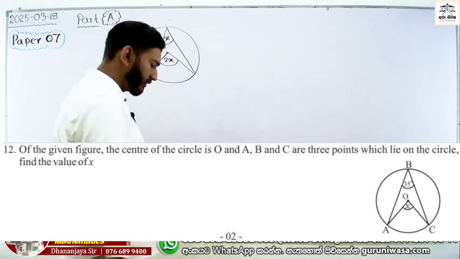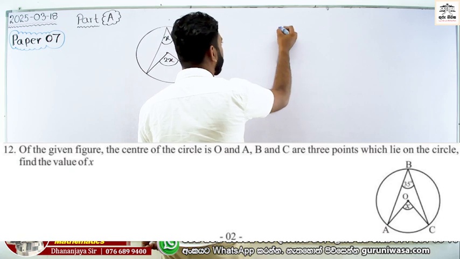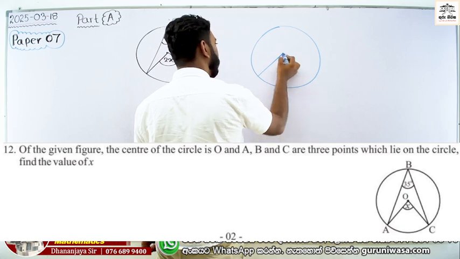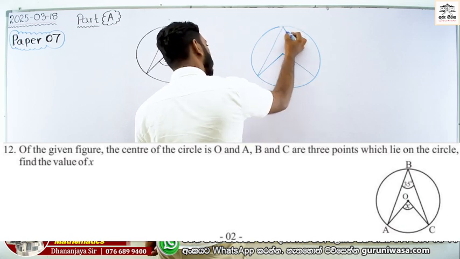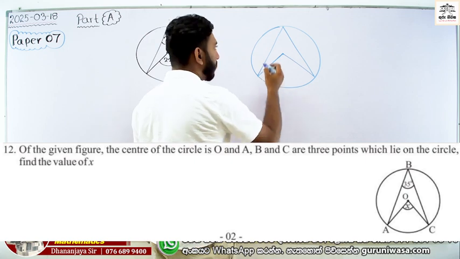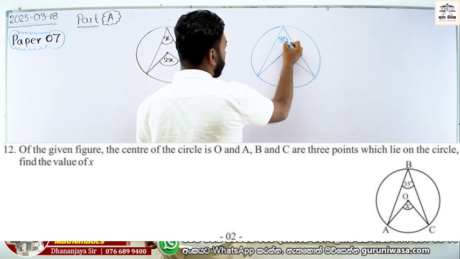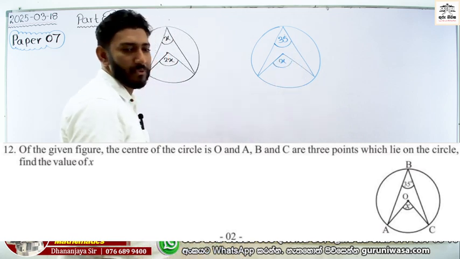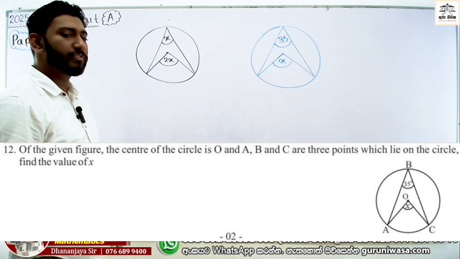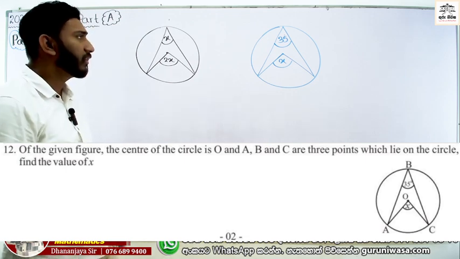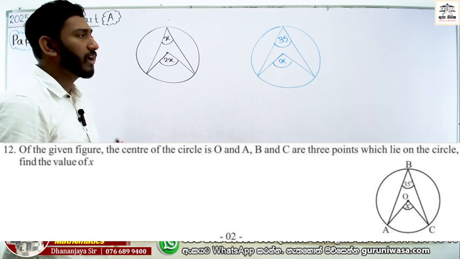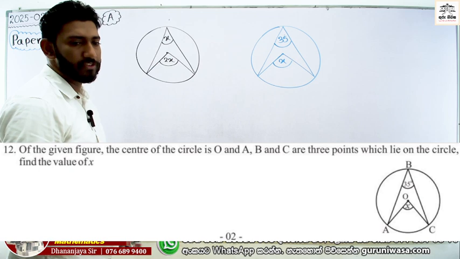Now look at the question. Here is 35 and this one is x. Very easy thing, right? In the given figure, O is the center of the circle, and A, B, C are three points on the circumference.